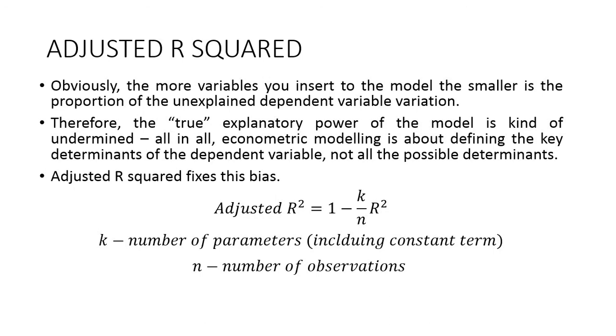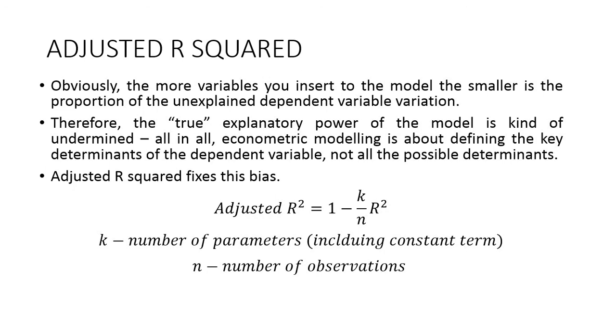But the problem is that although adding these variables would increase the value of R squared, it's definitely not in line with the general idea of econometric modeling. Econometric modeling is all about defining the key relationships between the variables. So adding more variables in order to increase the value of R squared is not fair play. In regressions with multiple regressors, we use adjusted R squared in order to address this bias.